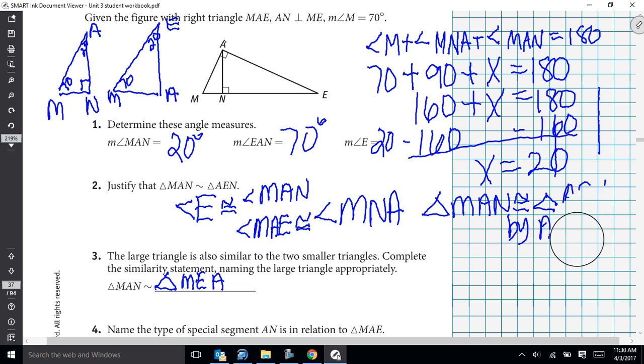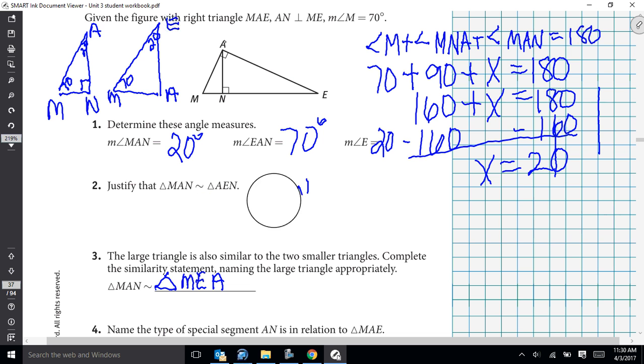So let me back my train up. Alright, so what I just wrote will go down here. So now let's look at the medium triangle. So here's our right triangle and the medium triangle, right? So NA is my short side, and AE is my long side.